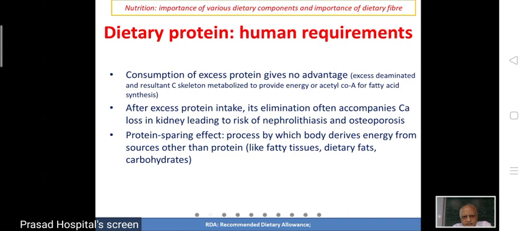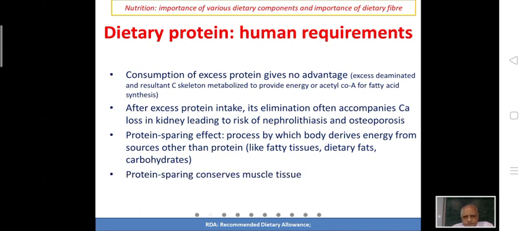Protein sparing effect is nothing but it's a process by which body derives energy from sources other than protein. That means body doesn't want to use protein for getting the energy, so it spares the protein and uses the other nutrients, fatty acids, dietary fats, and carbohydrates for generating the energy.